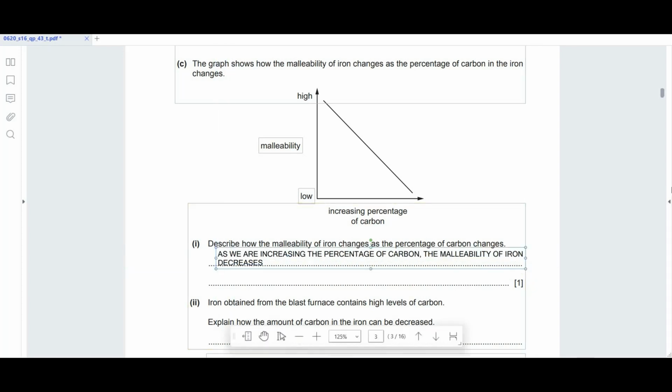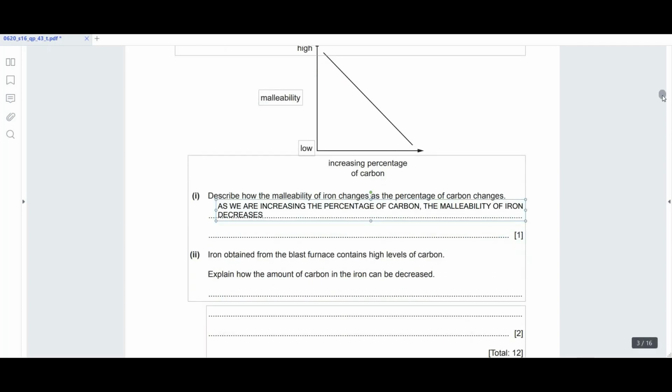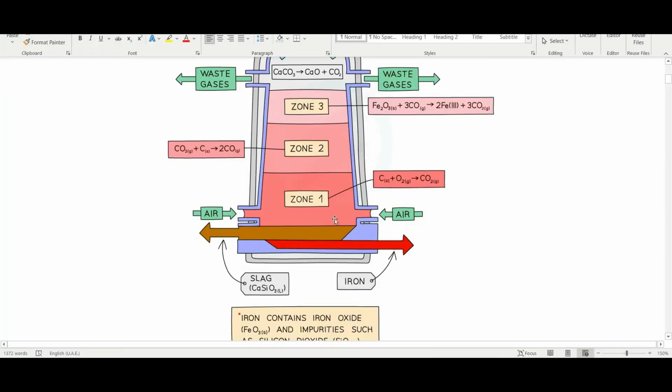Then moving on to the second part, iron obtained from the blast furnace contains high levels of carbon. Explain how the amount of carbon in the iron can be decreased. Before we obtain the molten pure iron, zone 3 contains some carbon impurities.